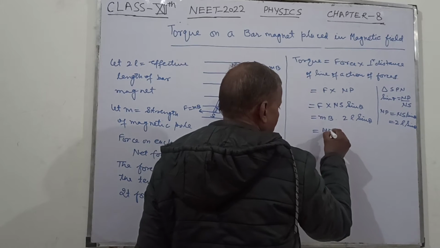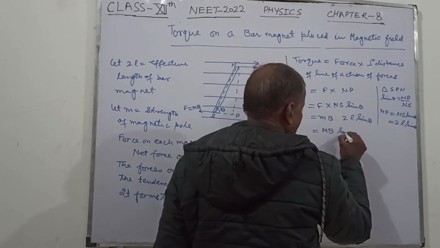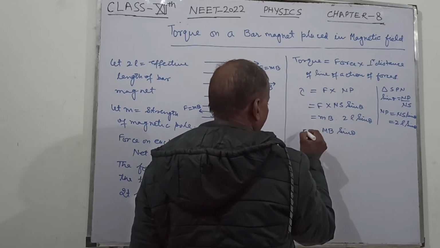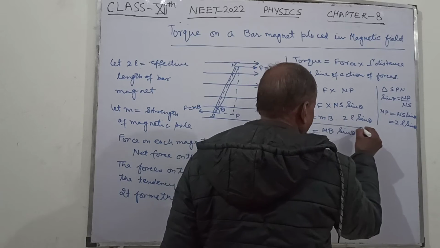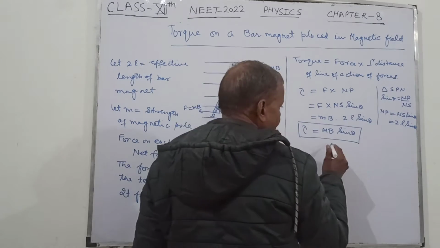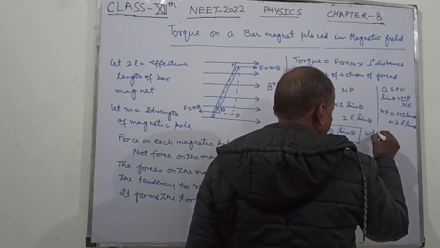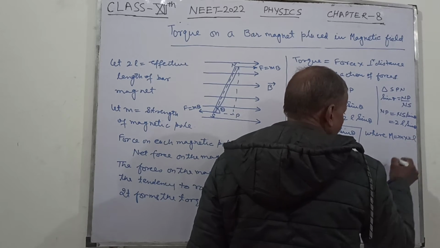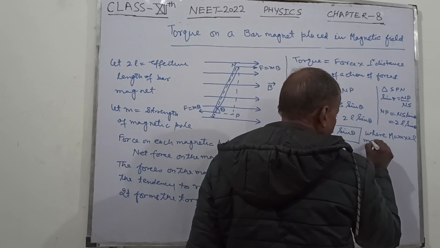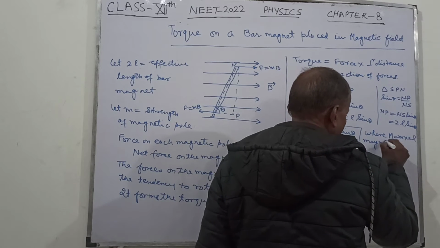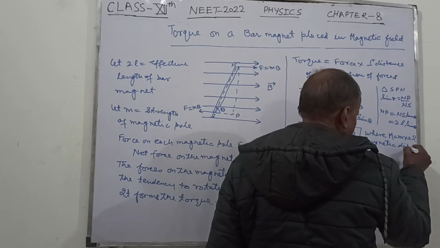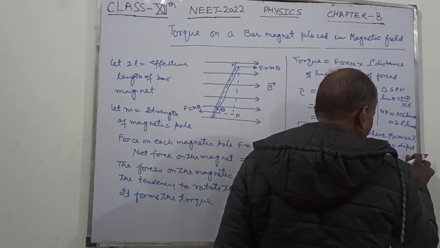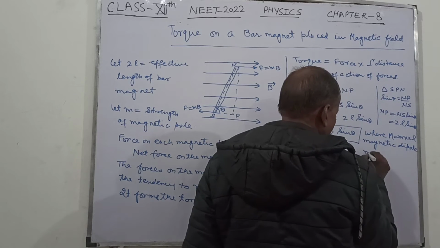With F equal to mB, torque is m into B into 2L sin theta, where M equal to m into 2L is the magnetic dipole moment.